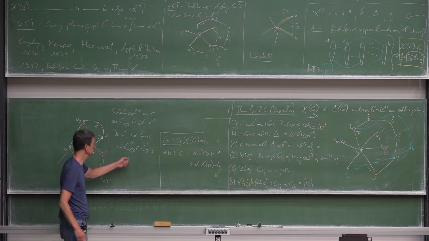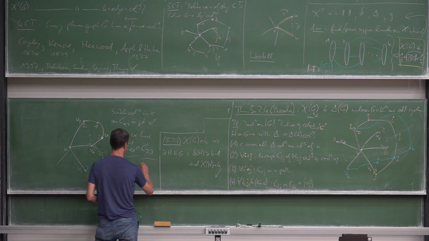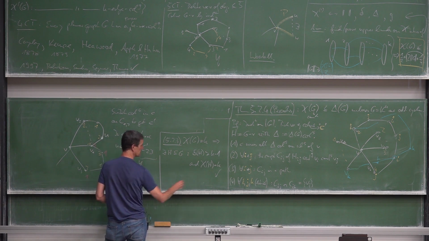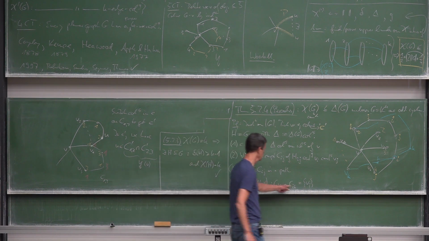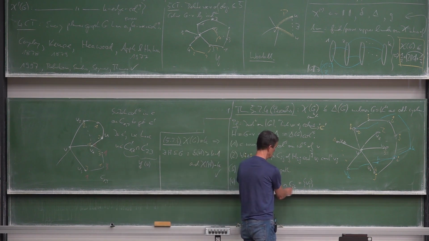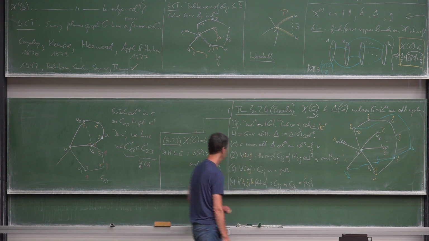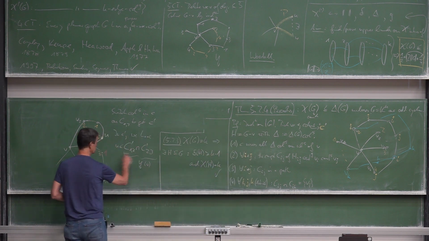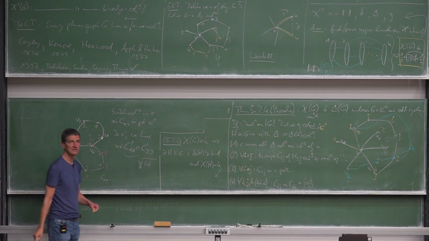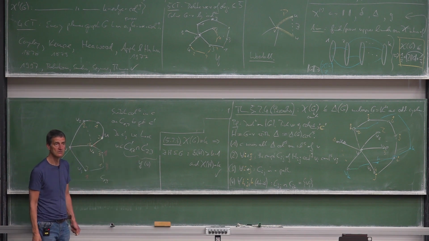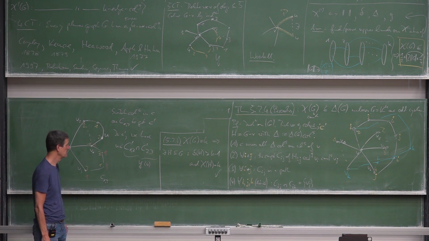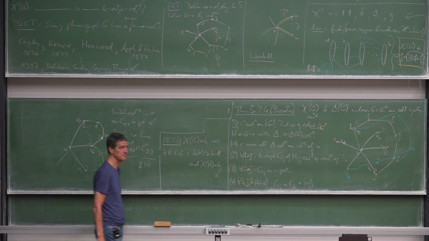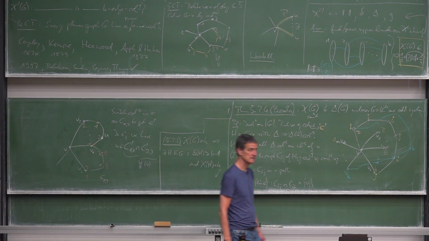But that means that's a contradiction to 4. 4 says that these components are allowed to meet only in Vi, and these are meeting in U, and U is not V2. That's the end of the proof. Questions?